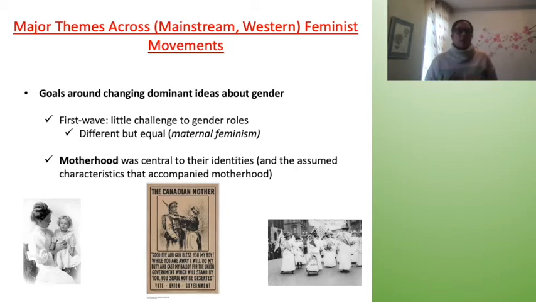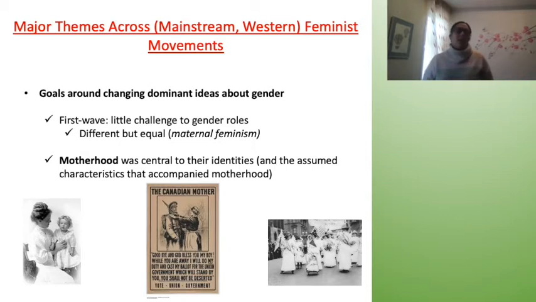Okay, so this is what guided women in their public activism, as they stated it or presented it, that their entry into the political sphere was still rooted in a maternal belief, that they weren't aiming to drastically change gender roles.